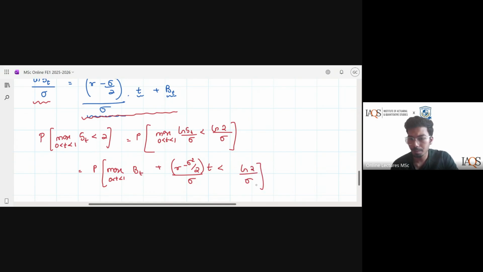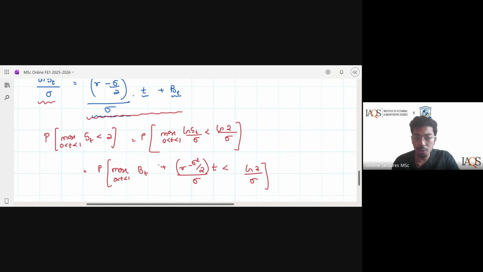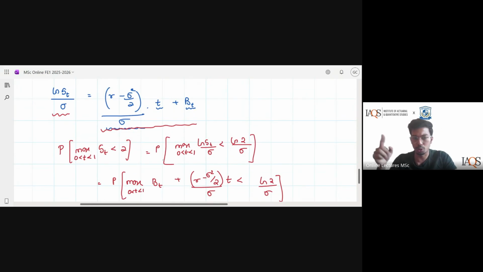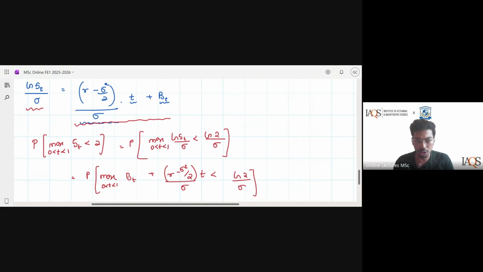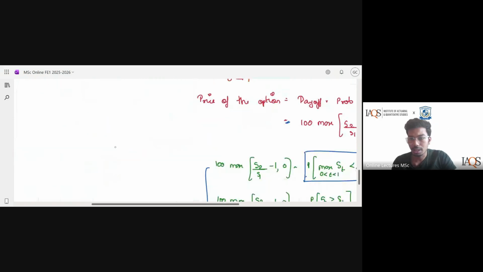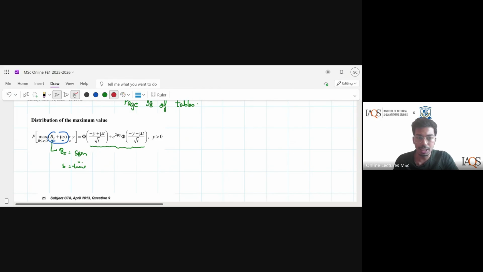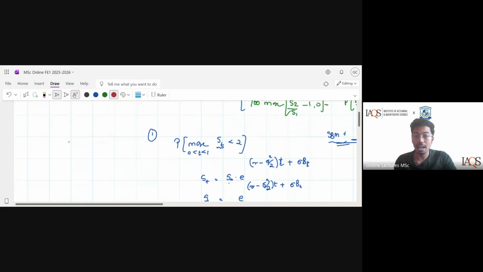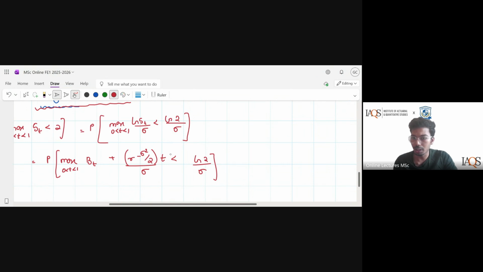With me, everyone? Now you see, if you see the equation that you've noted, I won't scroll it, you'll have it noted in your book. Maximum of Bs plus mu into s. Our equation is greater than, it's not less than. It's ideally a greater than equation, but I have a less than equation over here.